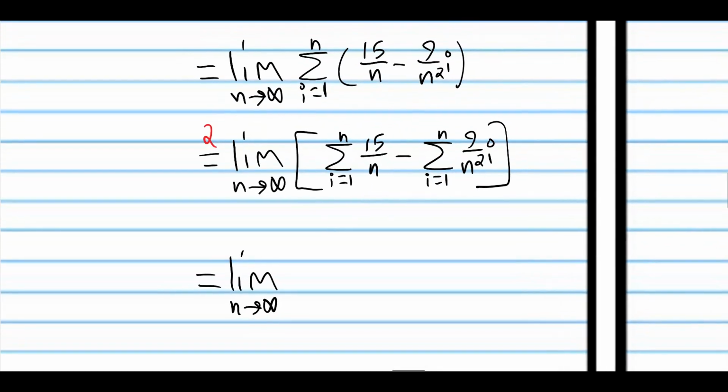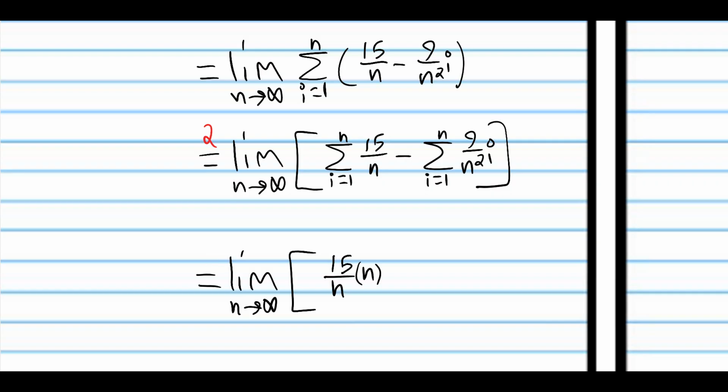Okay, so now remember, if there's no I here, then all you do is just multiply that expression by however many times you're adding the terms. So that means it's just 15 over n times n. Okay, that is sigma rule number 4.